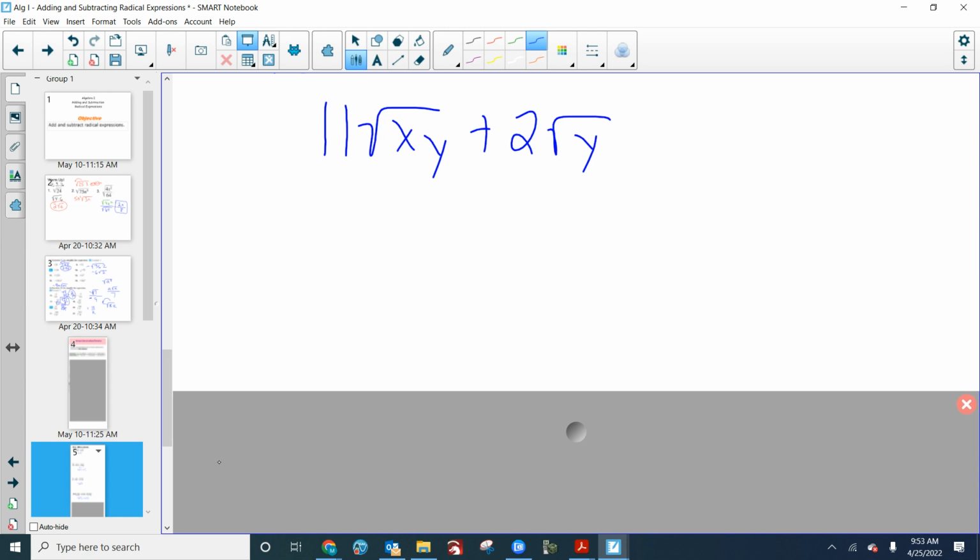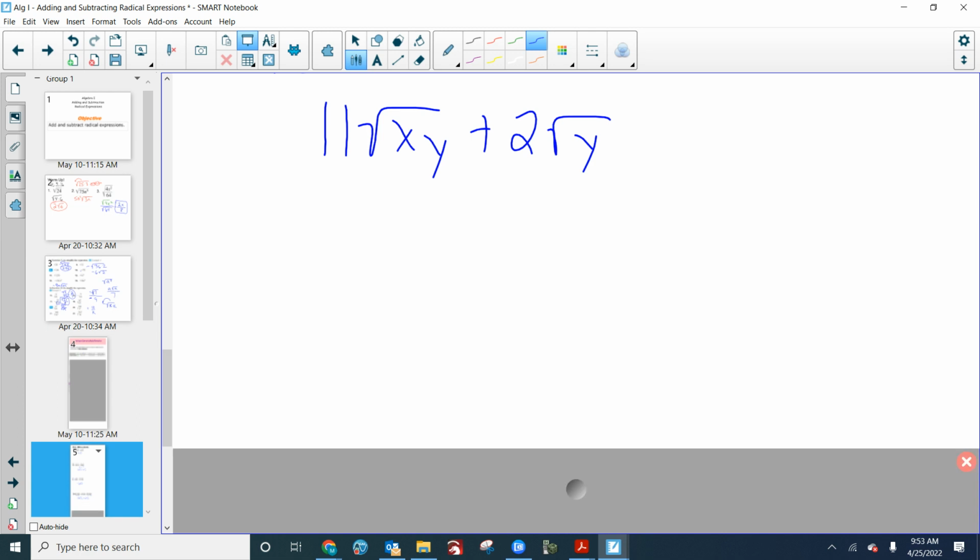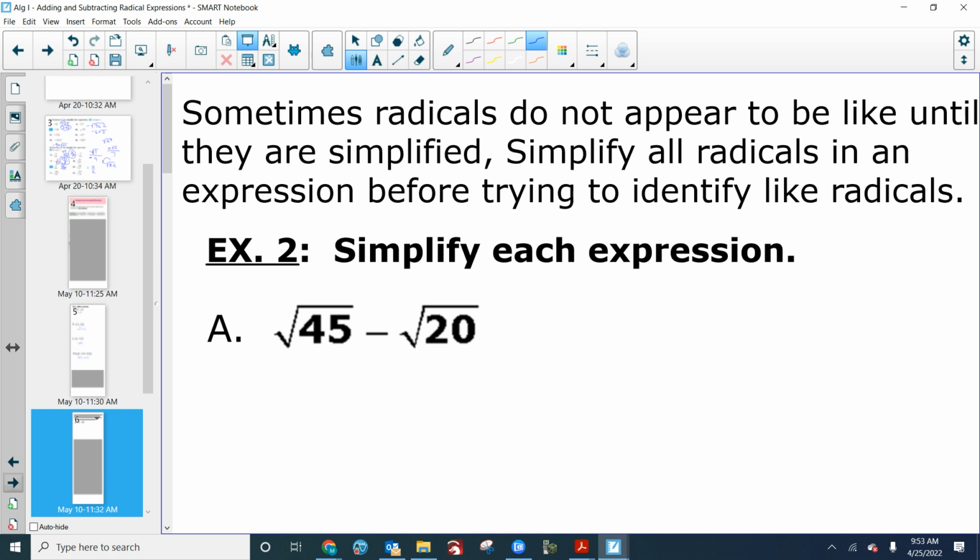Is that the last one? Now starts the fun. This will be my last example with you. Then we're handing it over to the maestro. Now, if you look at this quick, what are you going to say? No like terms.